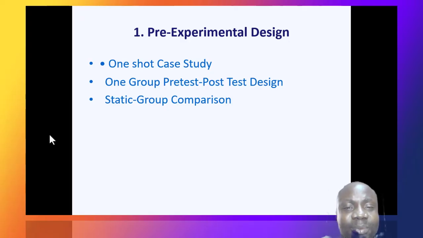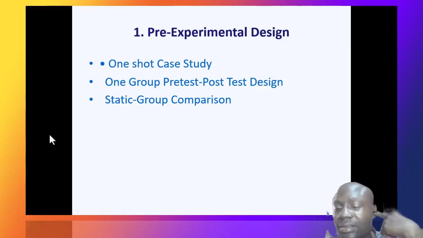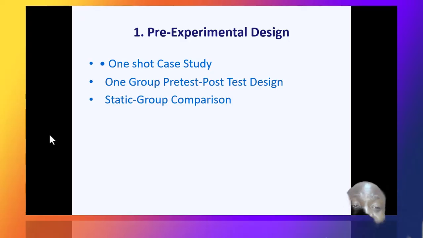So there are three types of experimental design, which I would mention. The first one is the pre-experimental design. In the pre-experimental design, the researcher may decide not to have a control. And this one is called the one-shot case study. In the one-shot case study, the researcher can take a treatment.